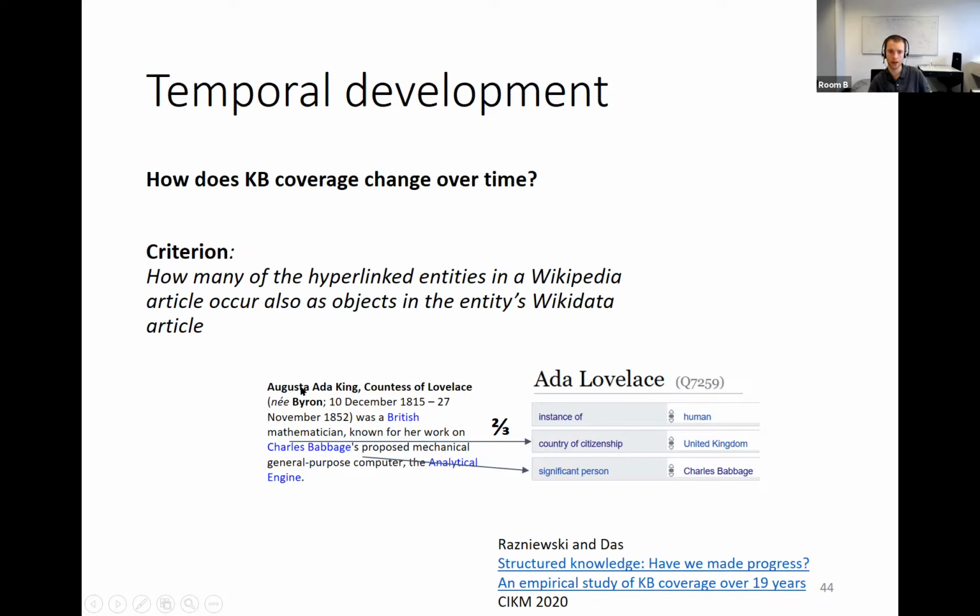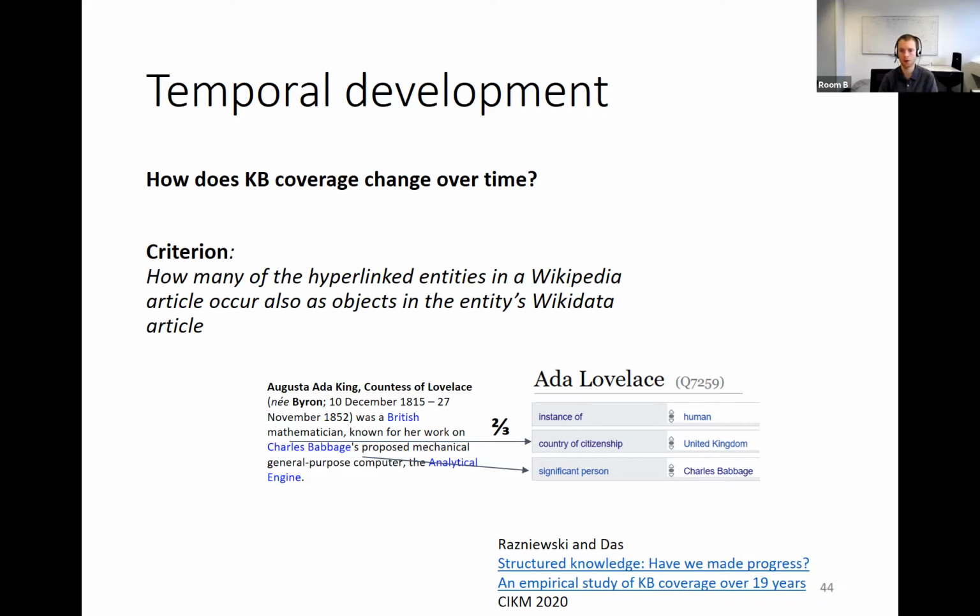So for example, in the Ada Lovelace article, British and Charles Babbage are hyperlinked entities. And we find that British, which links to United Kingdom, is present for Ada Lovelace, and Charles Babbage is present. So it's a common distant supervision assumption. We don't look at the predicates, we just look at whether the entities are present.